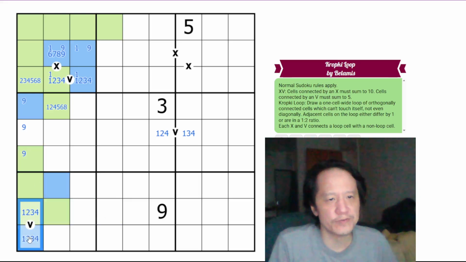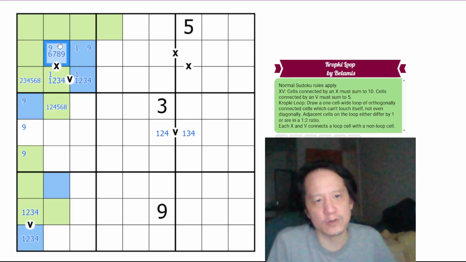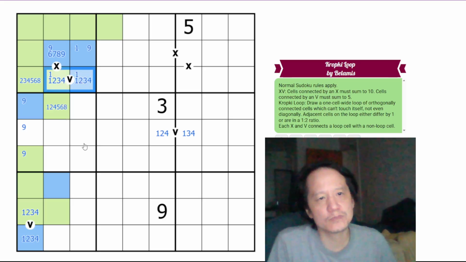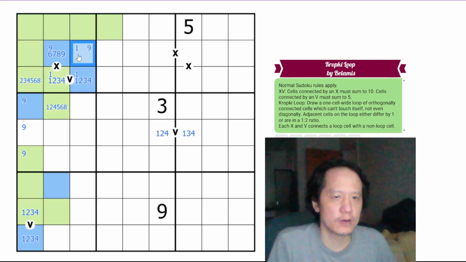This is 1 through 4. 1 obviously can't be here because this adds up, with a low digit, to 10. So if this is not a 1-4 pair, obviously that's 1. So this couldn't ever be a 4.